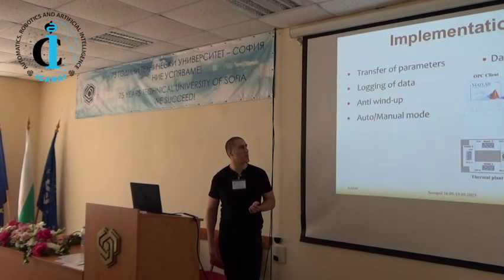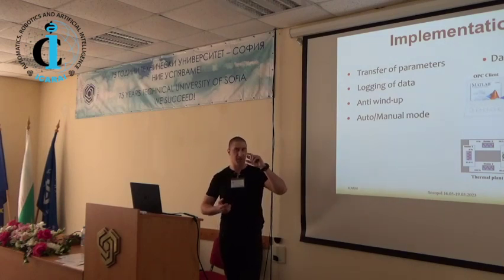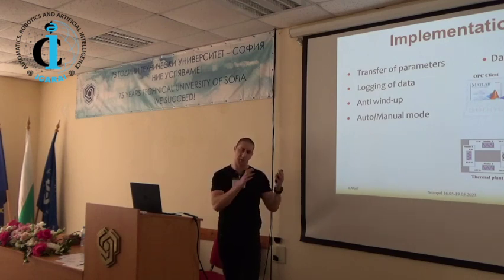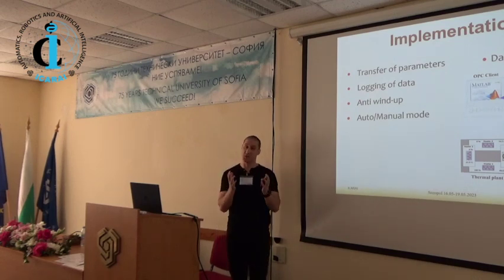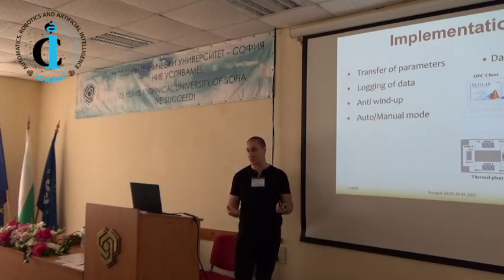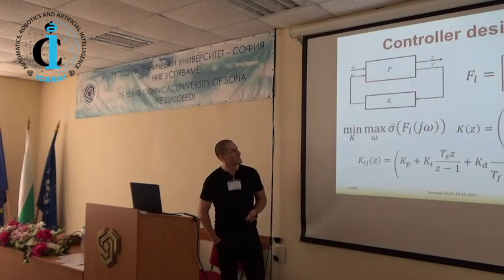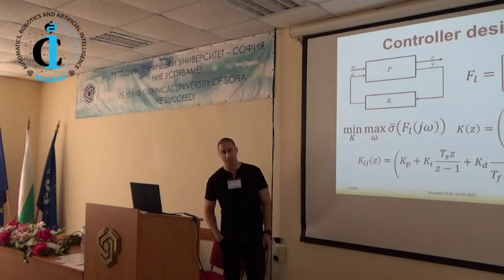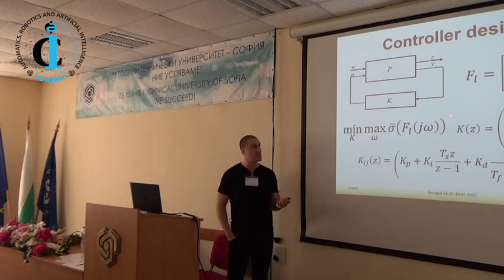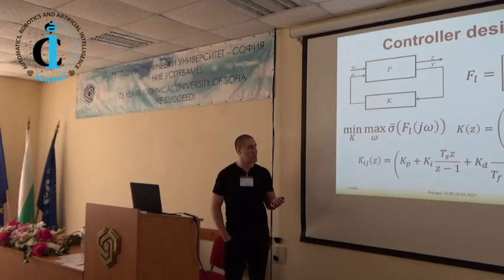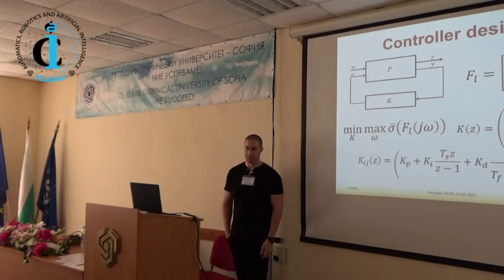I tuned it in a way to decrease the bandwidth and to increase the weight on the control signal, so that I would have a lower amount of control signal, but at the expense of a smaller bandwidth, so that my control will be slower, but will have smaller control signals to avoid the problems with the anti-windup. But the shaping filters are absolutely the same as in the previous presentation for the first control.